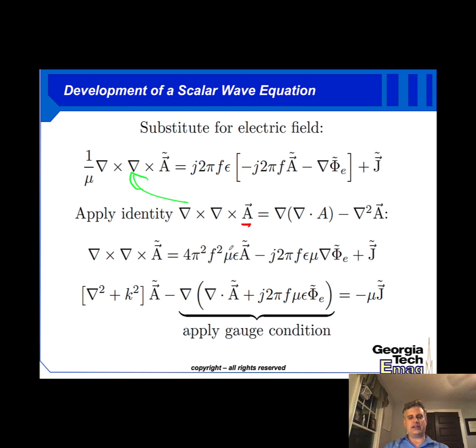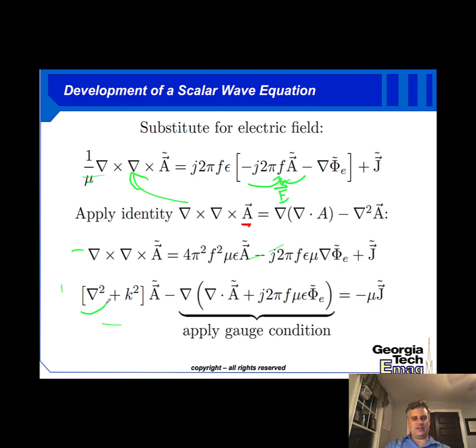First of all, you'll notice on the second line, we've distributed the mu on both sides, and we've distributed this constant through our replacement for the E vector phasor. Then when we stick this relationship into here, what we find when we rearrange terms is this complicated expression with respect to A.